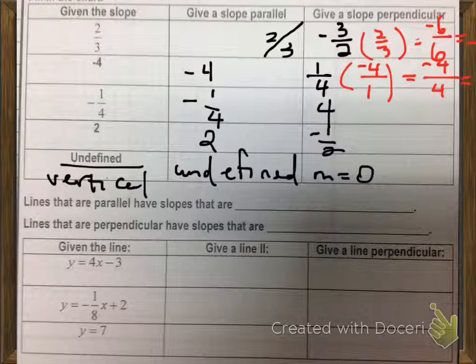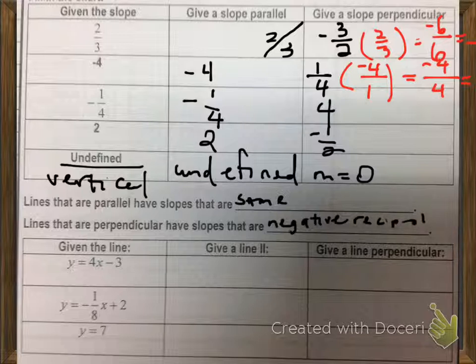Lines that are parallel have slopes that are the same. Lines that are perpendicular have slopes that are opposite reciprocals, or negative reciprocals.